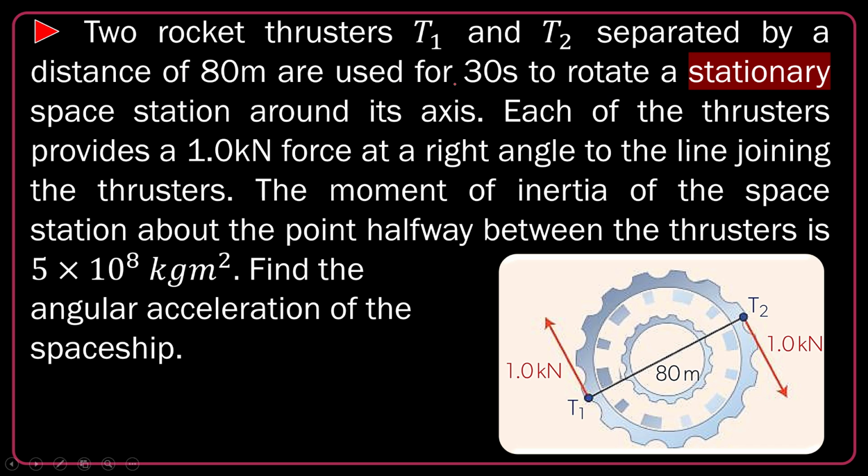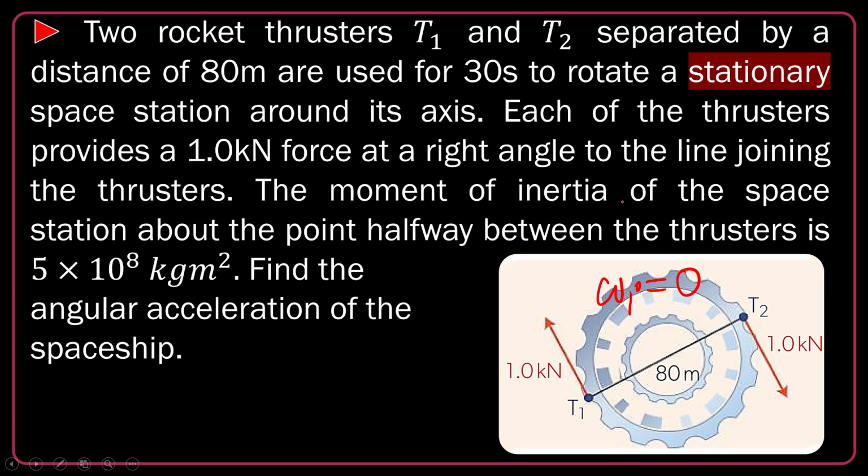The thrusters are used for 30 seconds to rotate a stationary space station. Stationary, so at the beginning it has no omega. Omega initial for this space station is 0. Each of the thrusters provides a 1 kilonewton force at a right angle to the line joining the thrusters. Okay, we see that.